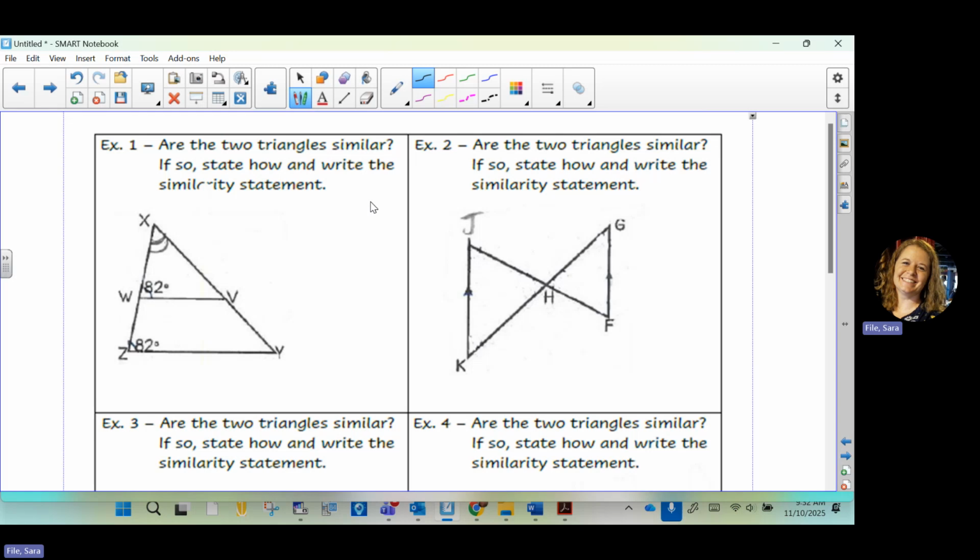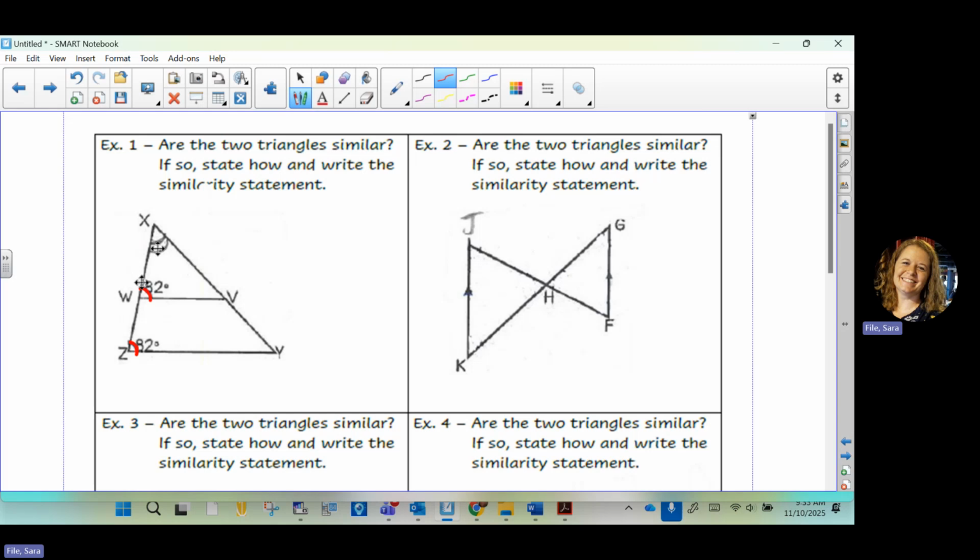Okay, so in these two triangles, I've got a nested triangle. We talked about this in 5.3. We've got a nested triangle, and these two angles, the bottom left corner of the small one and of the outer one, are marked congruent. And then this upper angle, X, isn't it a part of the small triangle and the big triangle? Yes. So obviously it's going to be congruent to itself.